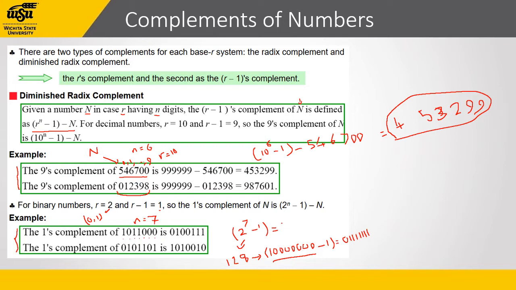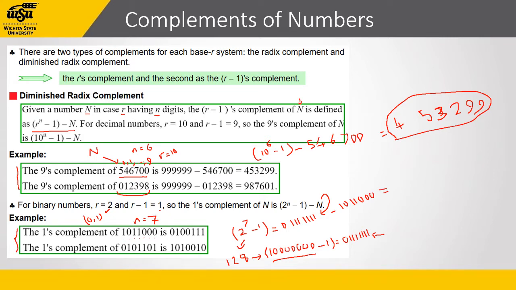These are calculations we have learned last week. We get 1, 1, 1, 1, 1, 1, 1. So we have to subtract N from it too. N was 1, 0, 1, 1, 0, 0, 0.